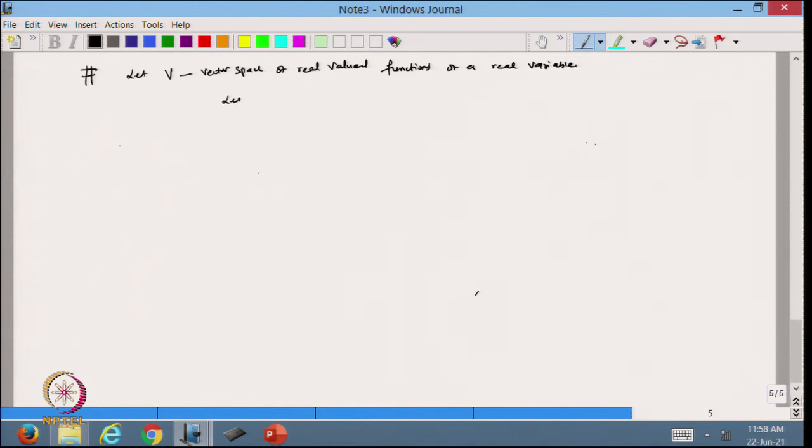And let me take a set S which contains n functions from it, a set of functions that are n minus 1 times differentiable.